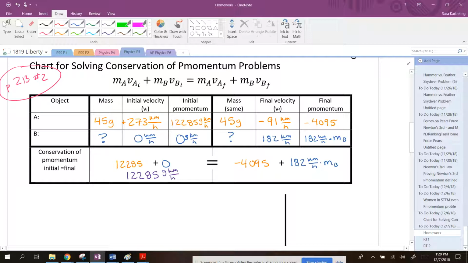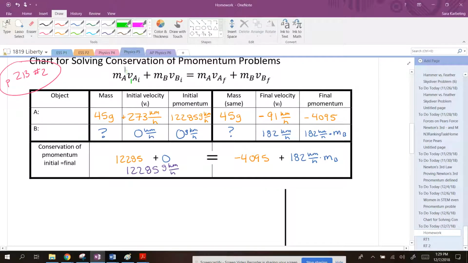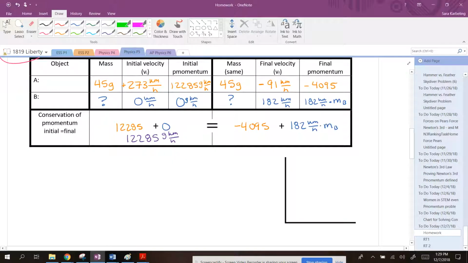And then underneath here, I'm going to write the left side is equal to the right side. So we'll just write it down. And that all comes, again, ladies and gentlemen, from that statement there. All comes from that statement. So here we go. 122.85 gram kilometers per hour is equal to negative 4095 gram kilometers per hour.